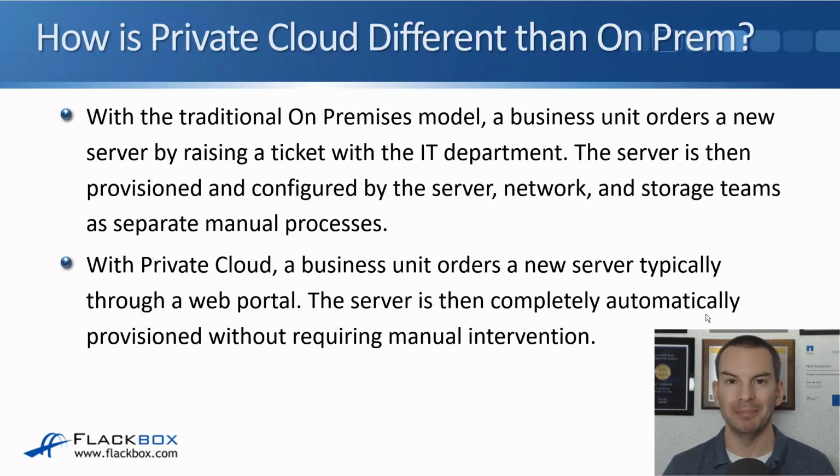With private cloud, a business unit orders a new server typically through a web portal, just like you saw me doing it for Amazon Web Services. The server is then completely automatically provisioned without requiring manual intervention. Again, just like with AWS. So it works the same way, but rather than being for public external customers, this is for your own internal business units.